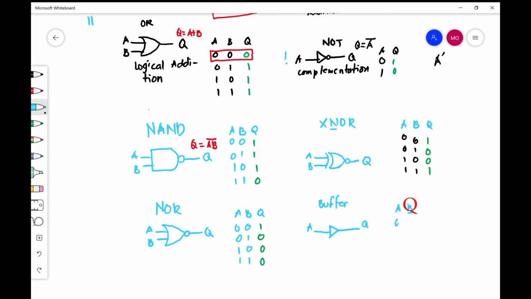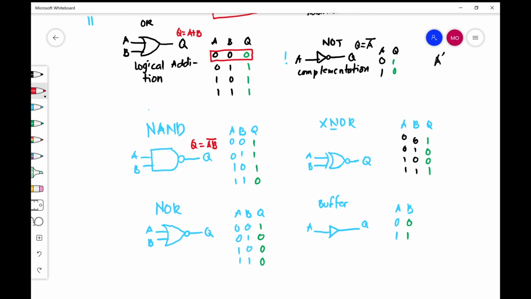So if you have 0 and 1, output is 0 and 1. So nothing happened. But the main purpose of buffer is to strengthen a signal. Okay, and take note, when you connect two bubbles, they cancel out. Therefore, there's no bubble for your buffer. And those are your basic gates and their complemented counterpart.